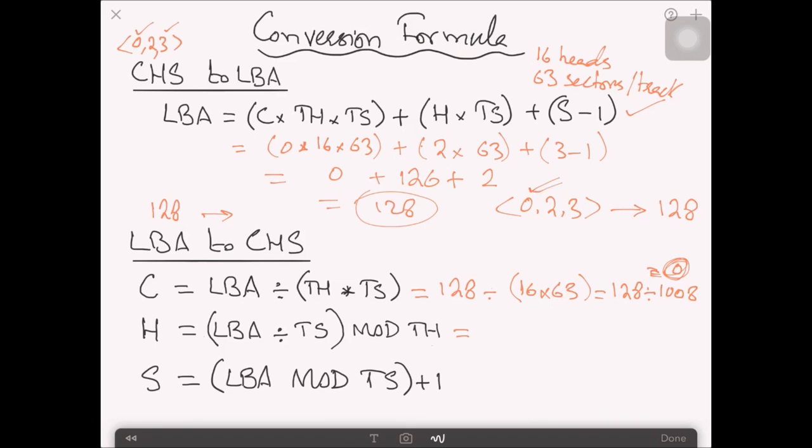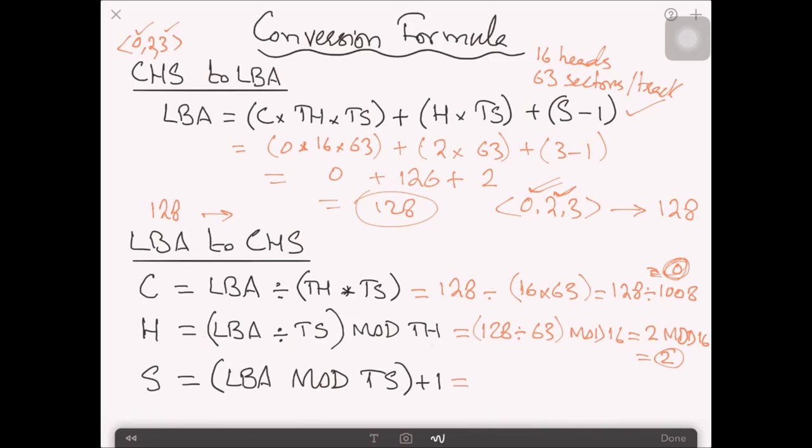Now we talk about the head. LBA 128 divided by the total number of sectors 63, mod 16. 128 divided by 63 is almost 2, and 2 mod 16 is again 2 of course, and the head is of course 2.